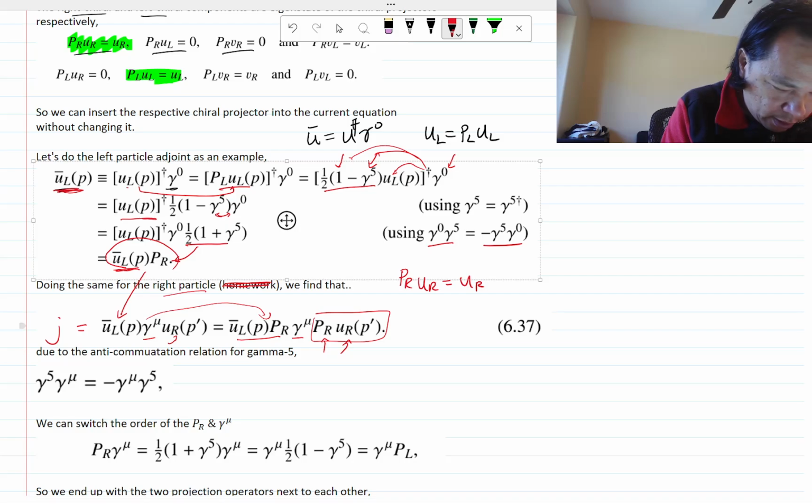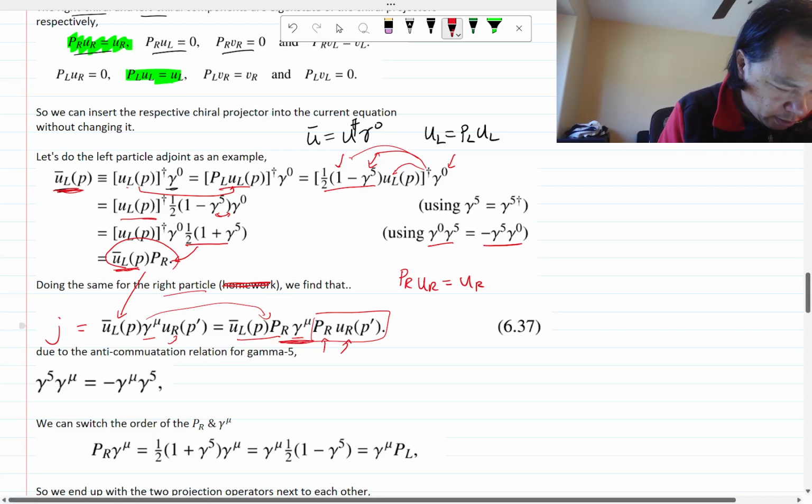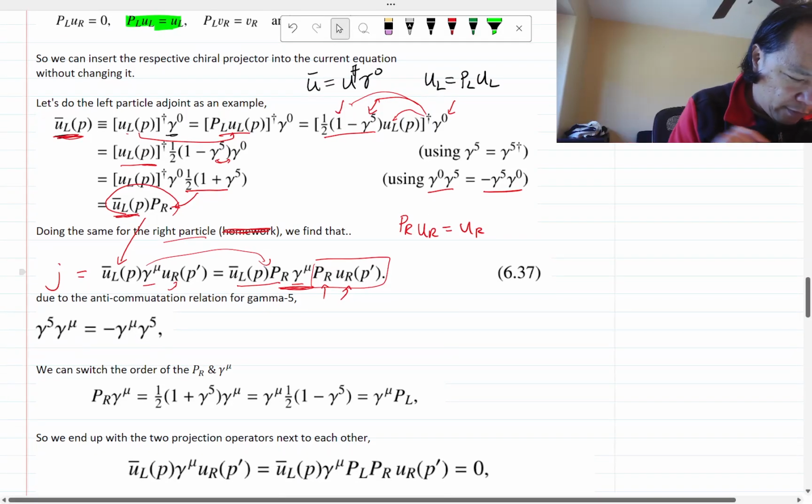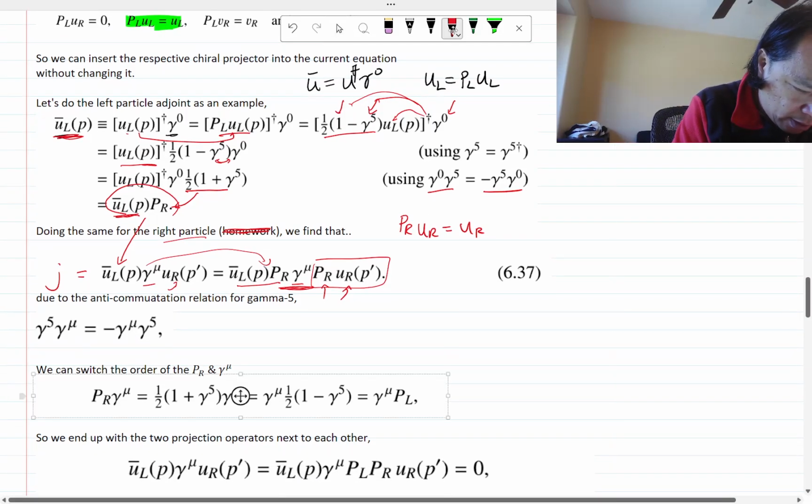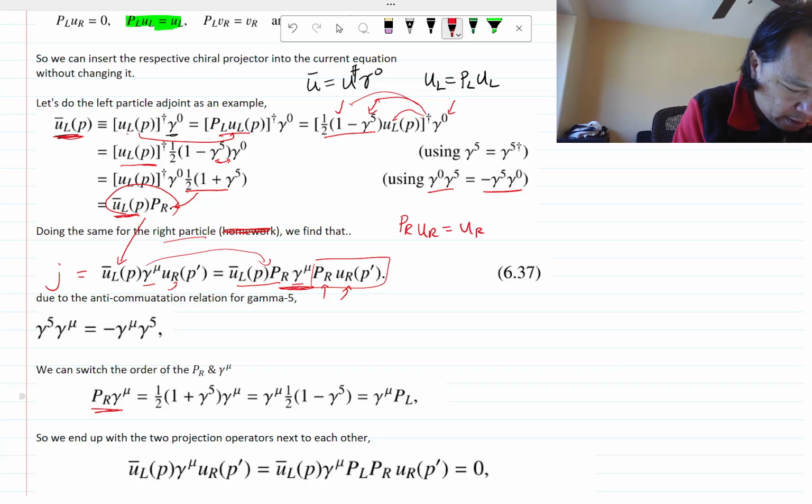So using the anti-commutation relation between gamma 5 and gamma mu once again, PR gamma mu, these are 4x4 matrices. We'll plug this in here, that's what PR is. What we're going to do is switch the order once again.